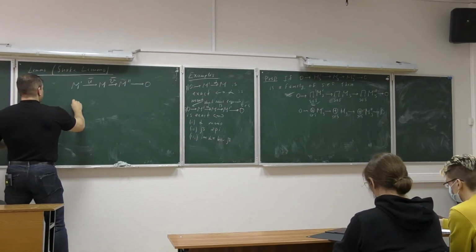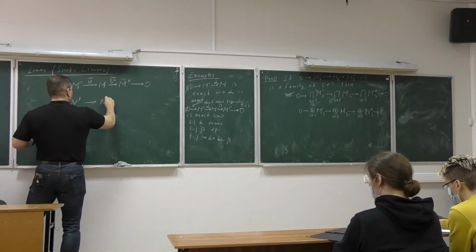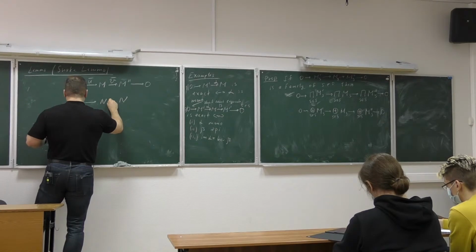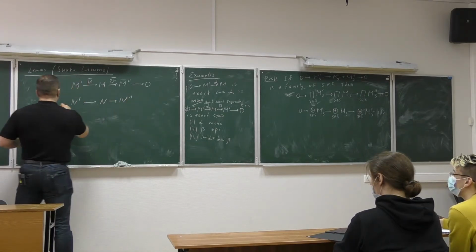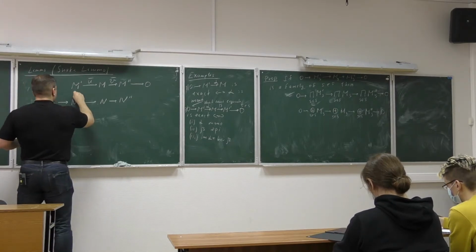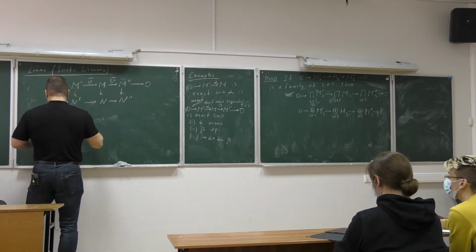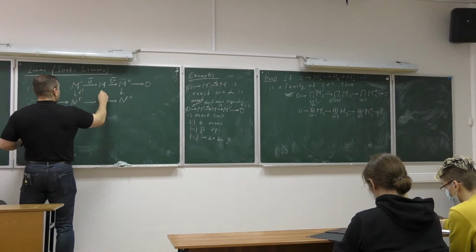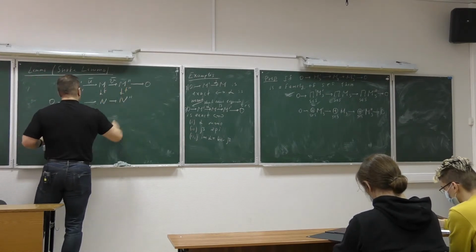Then there is another sequence, short exact, or almost exact sequence. This is exact on the left, but not necessarily on the right. And there are maps between these two sequences. Call these F bar, F, F double bar.